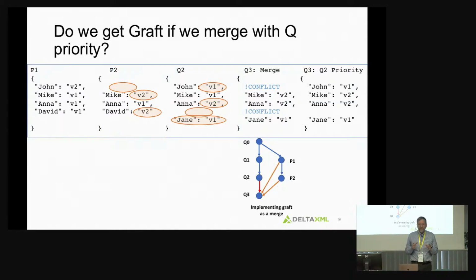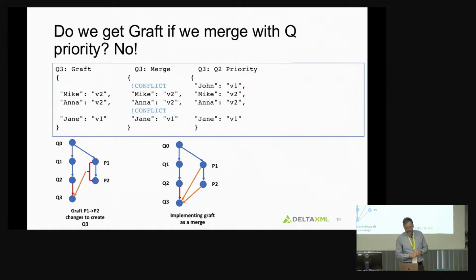And no, again, it doesn't quite work because we still don't get exactly the results that we want. So taking the Q2 priority, or indeed taking the other priority, doesn't work. And let me just show you those three things together so that you can see that the results are a little bit different. So graft is not quite the same as merge, although it does tend to be implemented that way in Git and indeed in other systems.